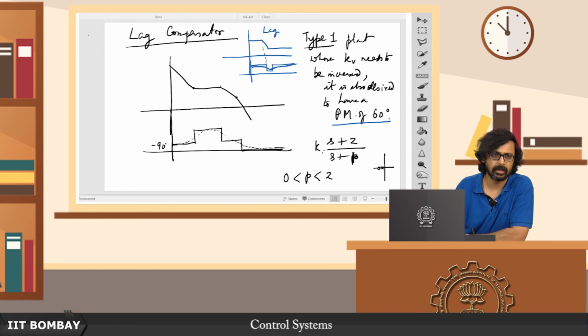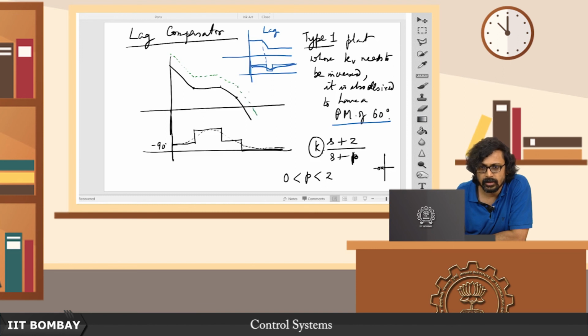So let us do something here. Let me first apply a K here. Let me first choose a K here. If I choose this K suitably for this lag compensator, then I will have changed this plot like this. This is with K times the G plant.